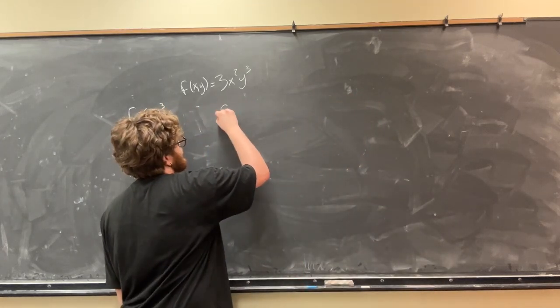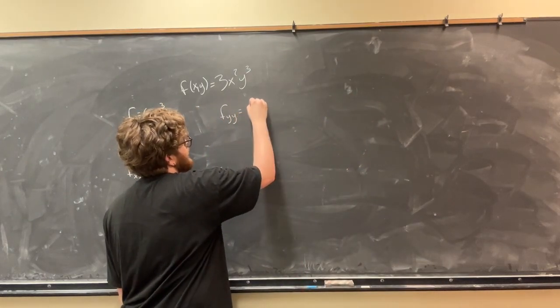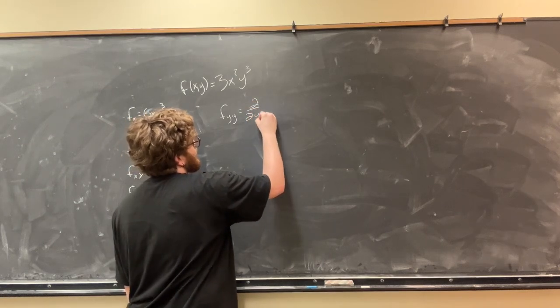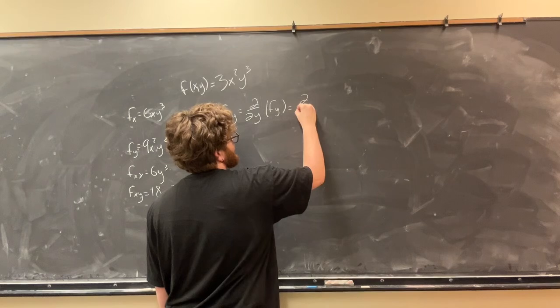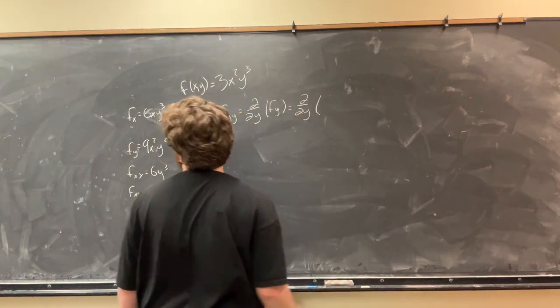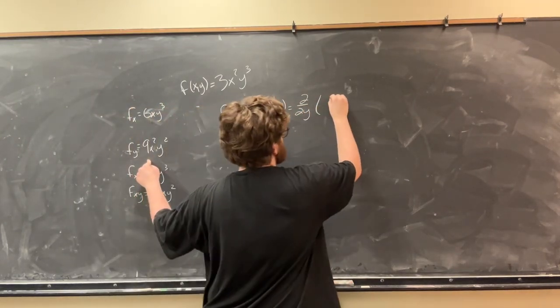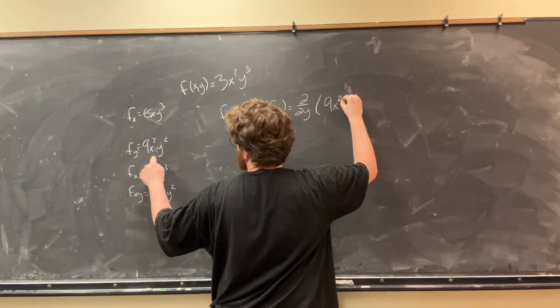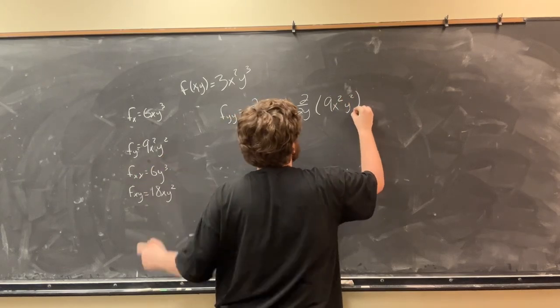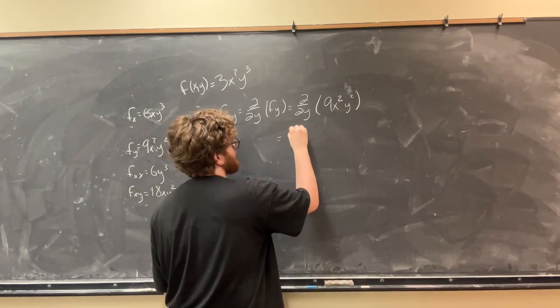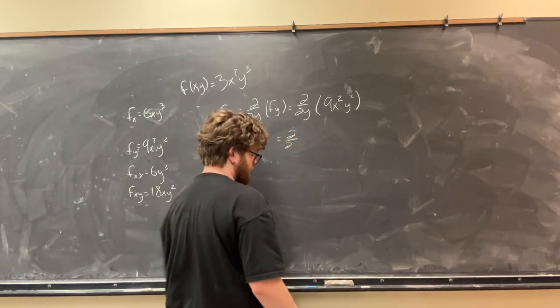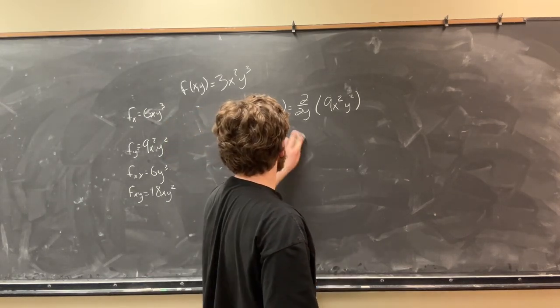So fyy is the partial with respect to y of f sub y, which is the partial with respect to y of 9x squared y squared. We can bring out the non-y stuff. So I should bring the stuff out first.